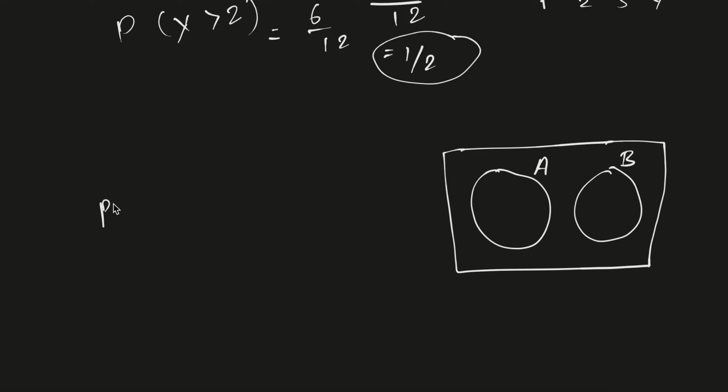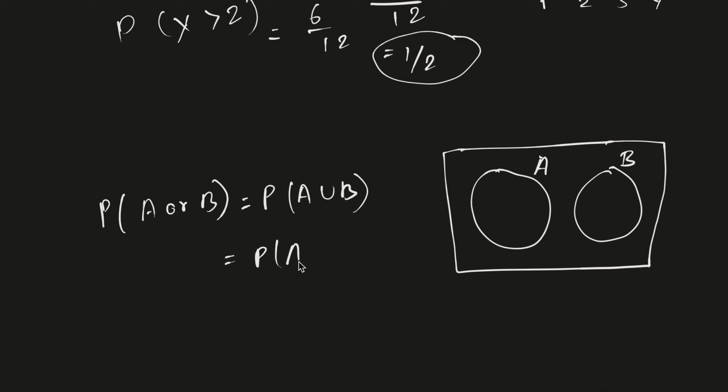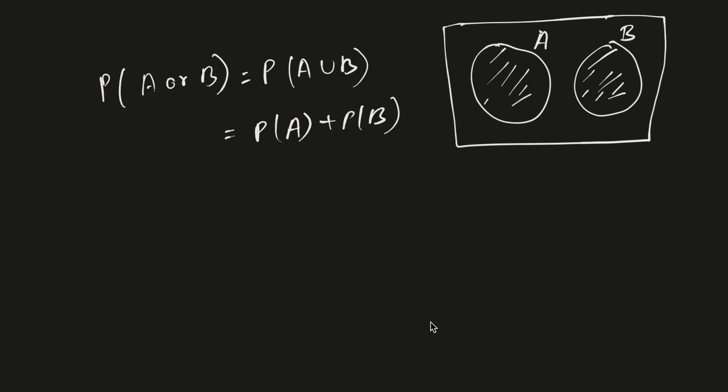And now let's say we're told to find the probability of A or B. Well, if you're familiar with sets, we know what it is: probability of A union B. In this scenario, it's going to be probability of A plus the probability of B. Probability of A, all of them here, plus this occurrence. And when we add these two, this will give us both of their probability together. This is something we call the addition rule. However, here's a catch.